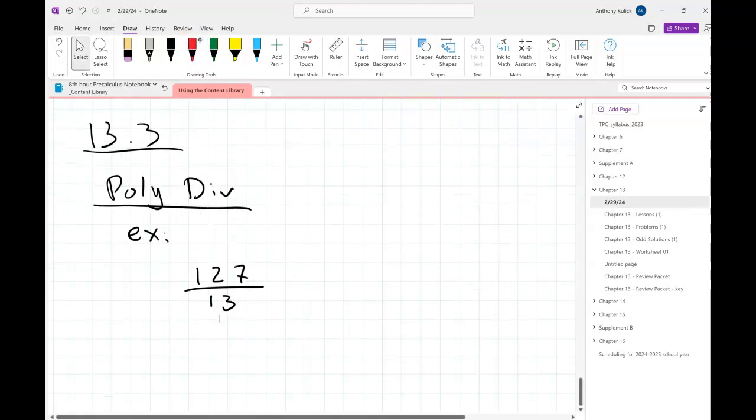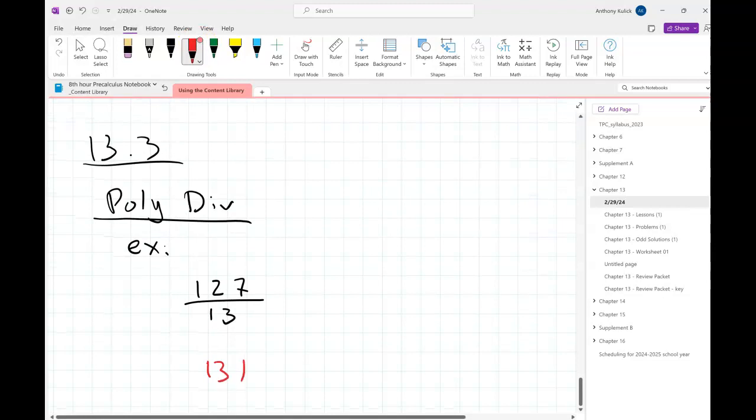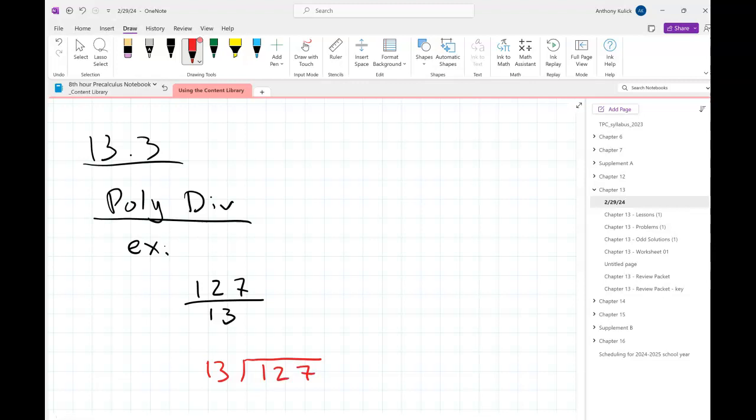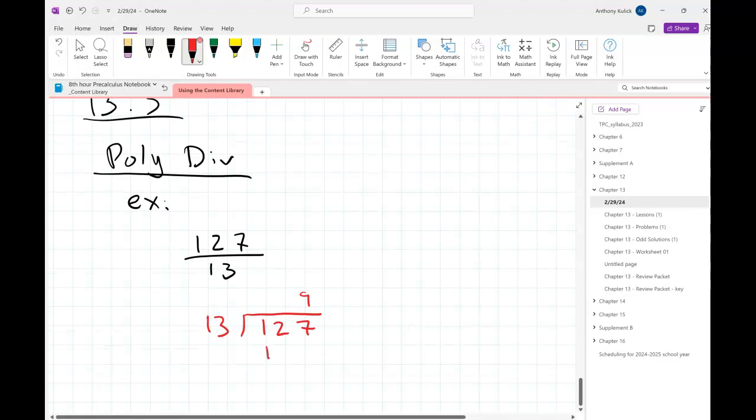So if we go back to middle school, we write this as a division problem. We go, okay, how many times does 13 go into 12? Well, 0, so we'll move back out. How many times does 13 go into 127? I think 9. So 9 times 13 is 117.